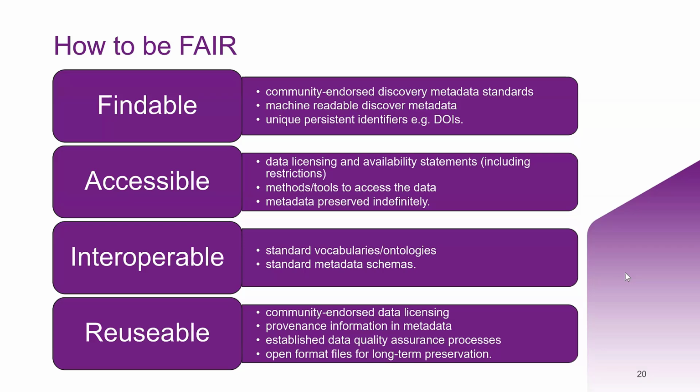Within the social sciences, for example, end user license agreements are very common and a lot of repositories are using them. The main focus of these end user license agreements is to ensure that secondary research use is done as possible. Provenance information in the metadata, again, is very dependent on where you share that data.